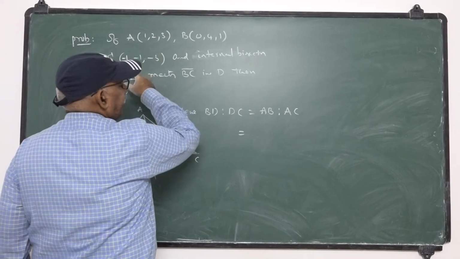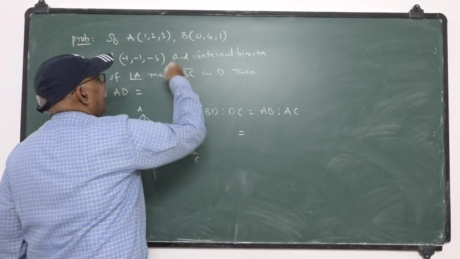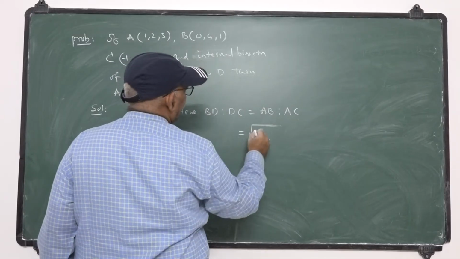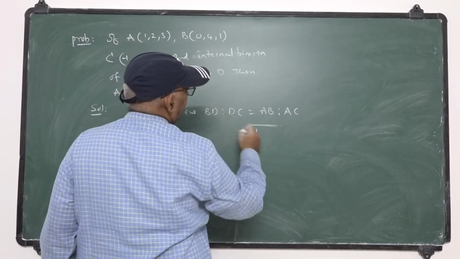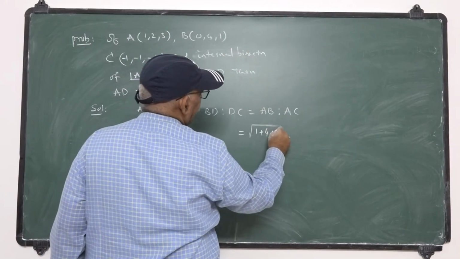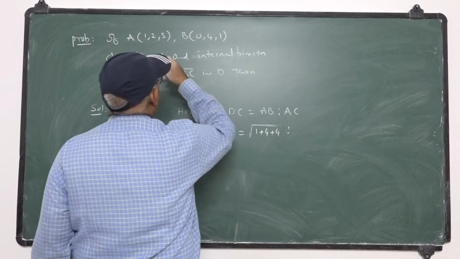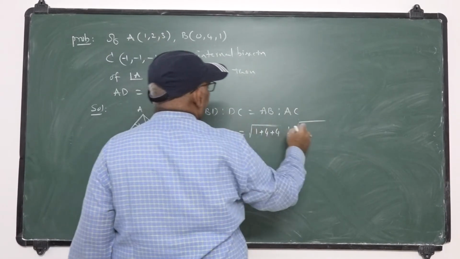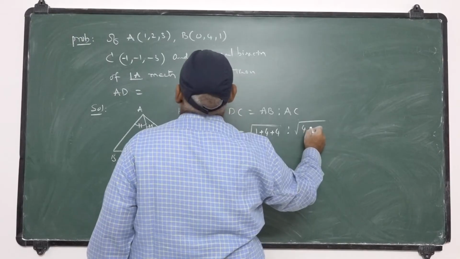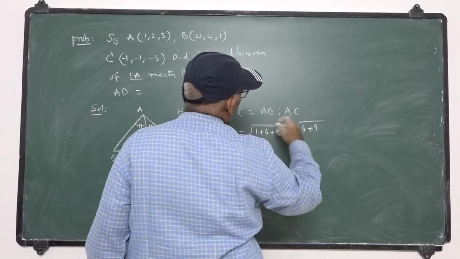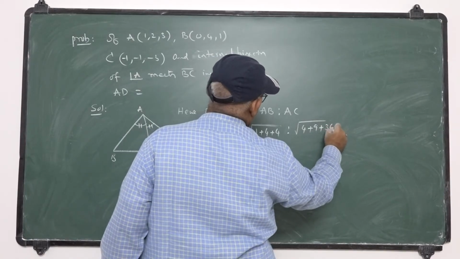So you can find AB, the distance between A and B. The distance is clearly 1 minus 0 whole square is 1, 2 minus 4 whole square is 4, 3 minus 1 whole square is again 4, so that is 3. AC: this is 1 plus 1 whole square, 2 square means 4, 2 plus 1 whole square 9, 3 plus 3 whole square is 36.